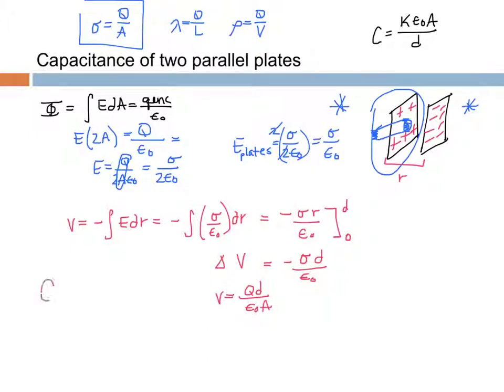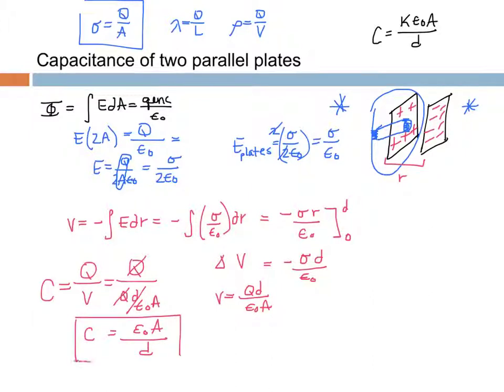And again, I'm trying to solve for the capacitance. So I put Q over d over epsilon naught A. Again, my Q's cancel out, and I'm left with epsilon naught A over d, which again, we've already seen is the capacitance of parallel plates.